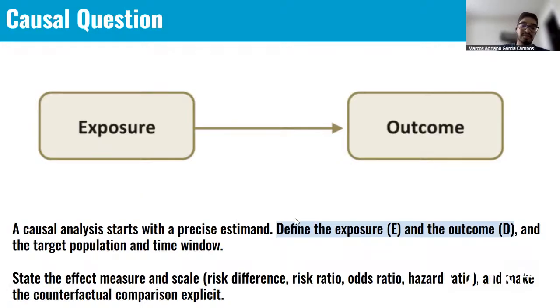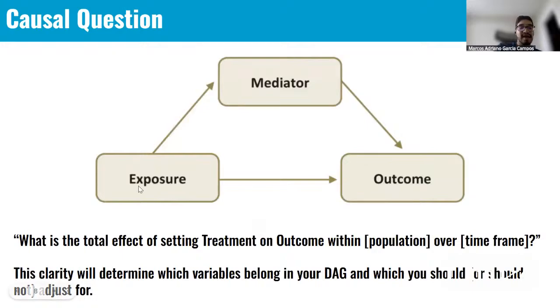And we need to know what your population is, or the time of the study, and what kind of scale we use: risk difference, risk ratio, odds ratio, hazard ratio, and how they connect to each other. And so we need to ask, what is the total effect of setting treatment, like exposure, and the outcome, for example mortality, within a specific population and over a specific time?